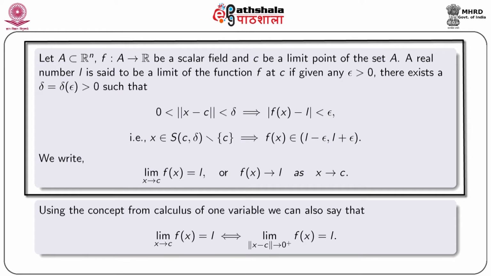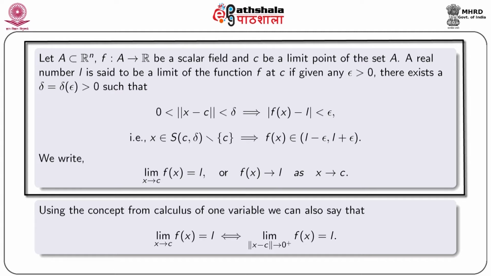A real number L is said to be a limit of the function f at the point c if, given any positive epsilon, we can find a positive delta depending on epsilon such that whenever the norm of the vector x minus c is less than delta but positive, we have modulus of f(x) minus L less than epsilon.